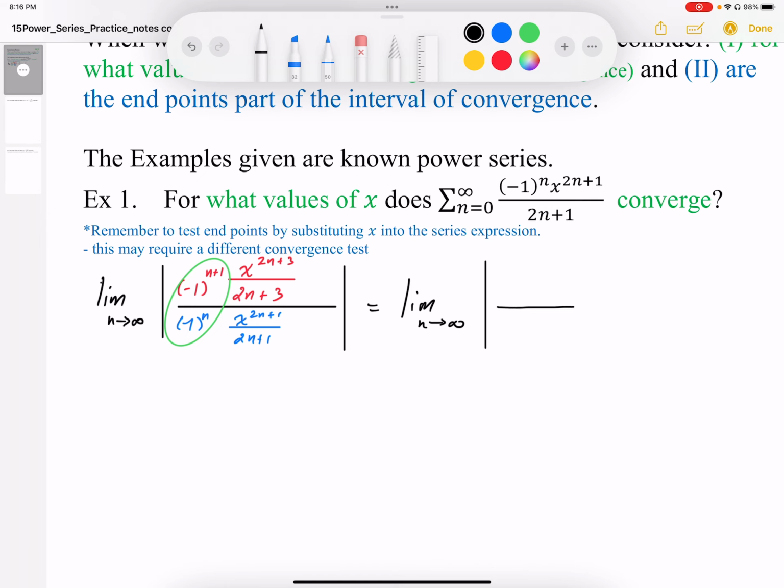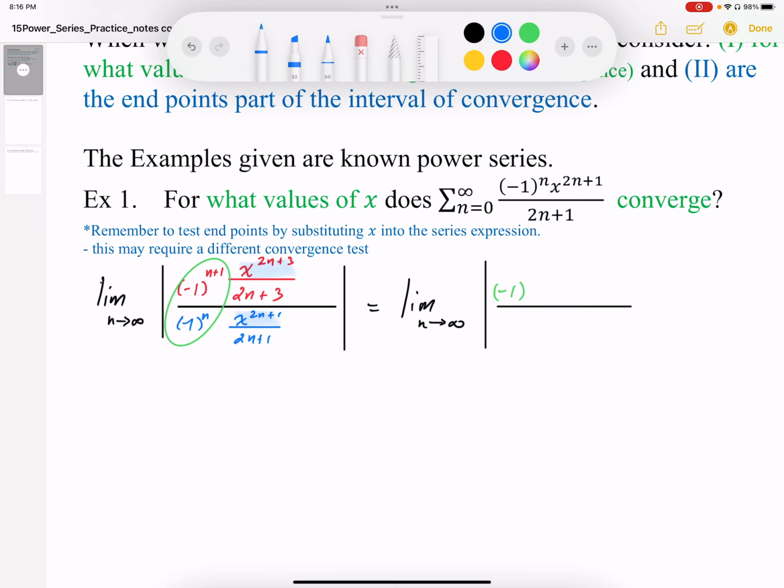and we're going to end up with negative 1 to the power n plus 1 divided by negative 1 to the power n. That's just going to give us a factor of negative 1. For the other terms here, I'm going to group together the x powers.